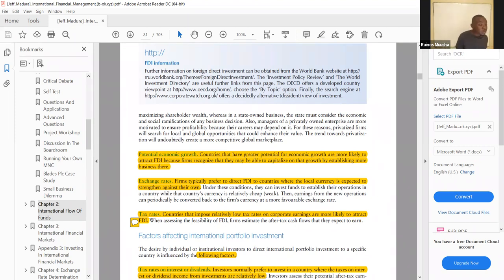Lowering taxes on corporates, mainly because we're trying to say we want to make America great again. And what do we need to do? Those American companies that were invested in other countries, they were trying as much as possible to attract them so that they could move their operations back to the US. They were trying to attract them by use of what? Tax rates.